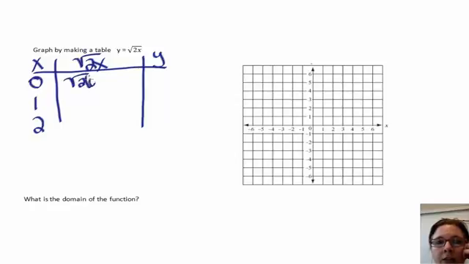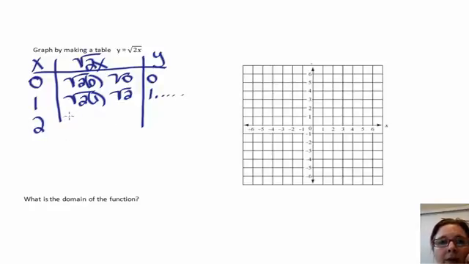So if we have 0, well, the square root of 0 is 0. Then 2 times 1. If you did 0, 1, and 2, it's fine. The square root of 2 is 1 point something, something, something.